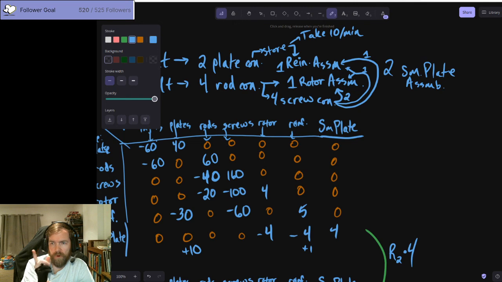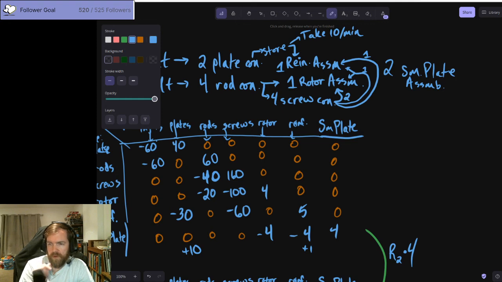Right, and then the 1 reinforced and rotor assembly will combine into a storage. No, don't do that. They are themselves separate, which they combine into 1 smart plate. Smart plate, Jesus.